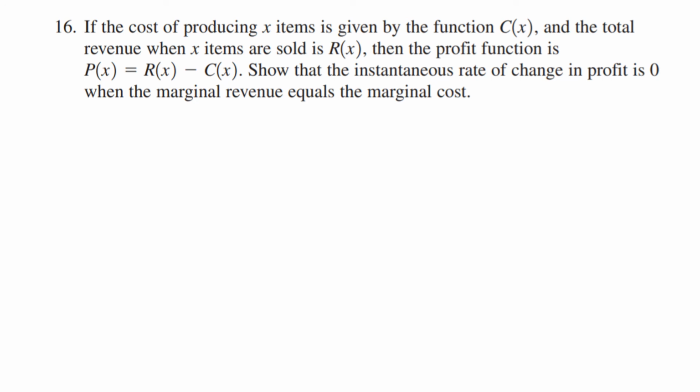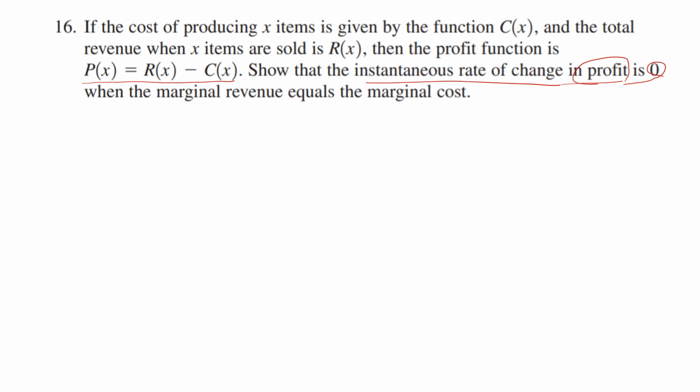So if the cost of producing X items is given by the function Cx, and the total revenue when X items are sold is Rx, then the profit function is given by over here, which we used before previously too. Show that the instantaneous rate of change in profits is 0 when the marginal revenue equals the marginal cost.